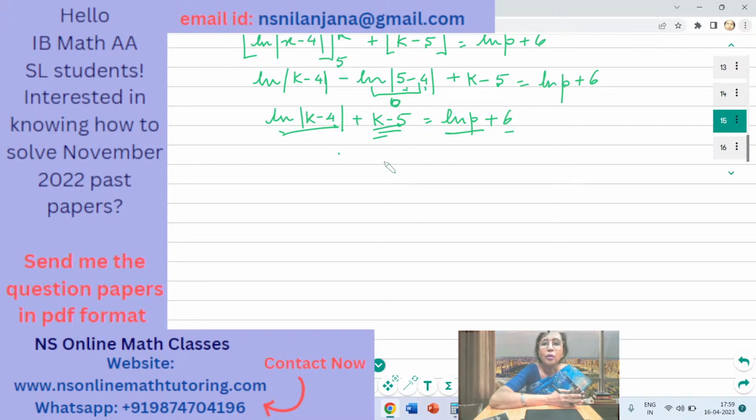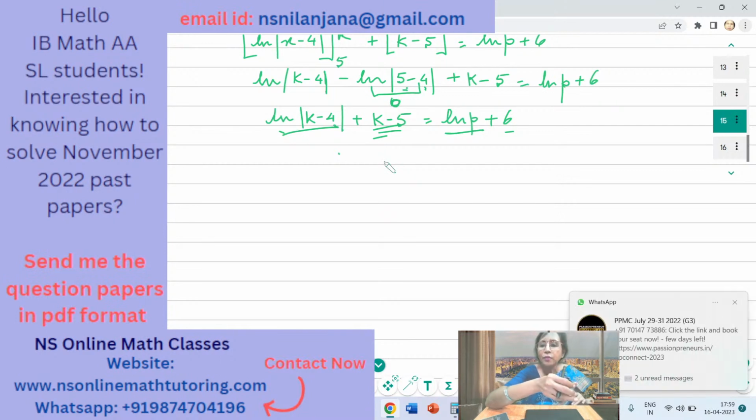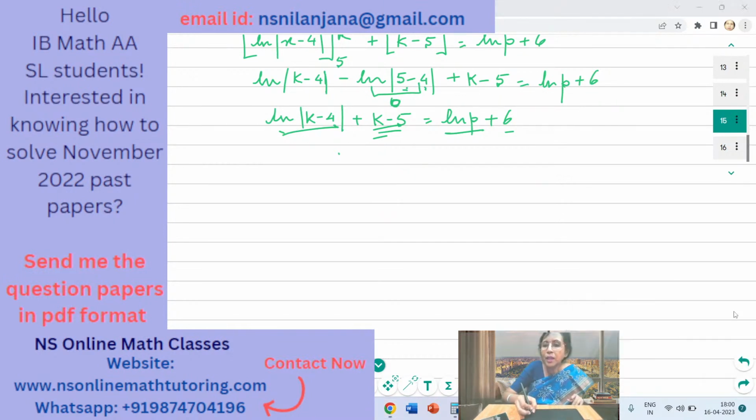No. But after simplifying whatever you have got, you may be able to form two different equations. That is what I am saying, and that is what you are seeing from this question. Okay.